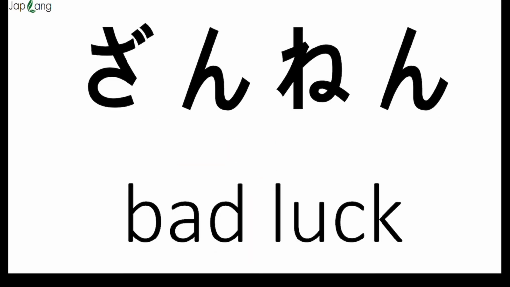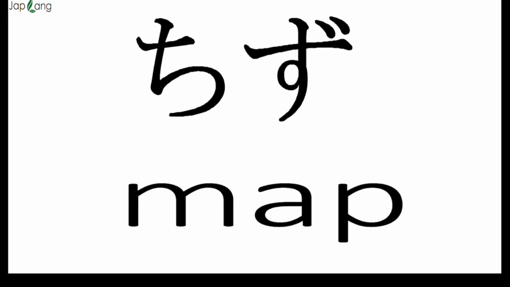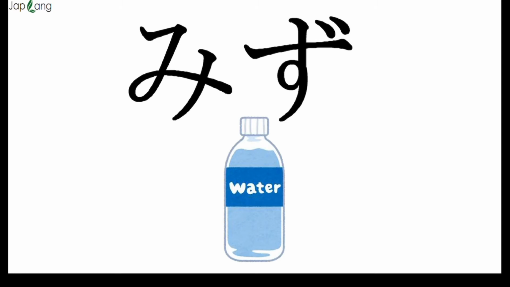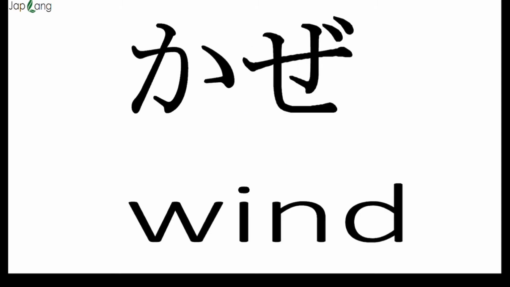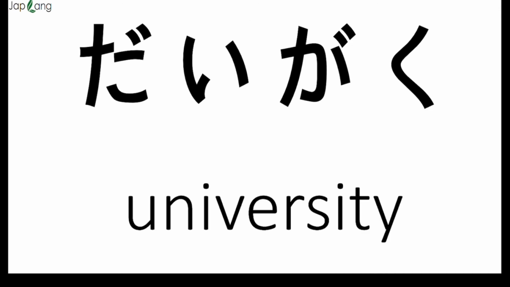Zannen. Zannen is bad luck. Nanji. Nanji is what time? Chizu. Chizu is map. Mizu is water. Kaze. Kaze is wind. Kazoku. Kazoku is family.